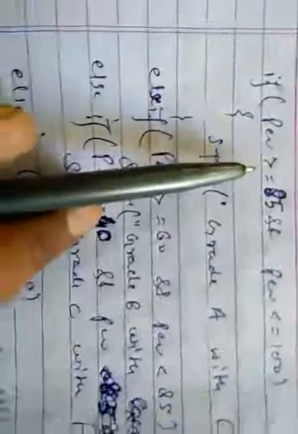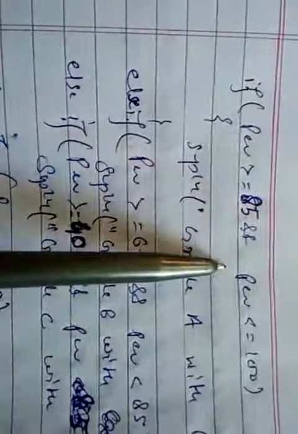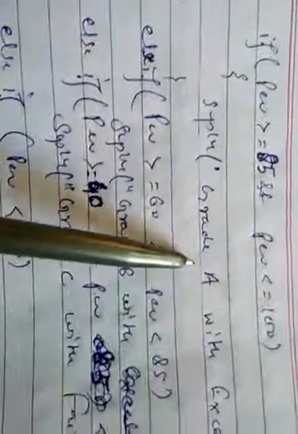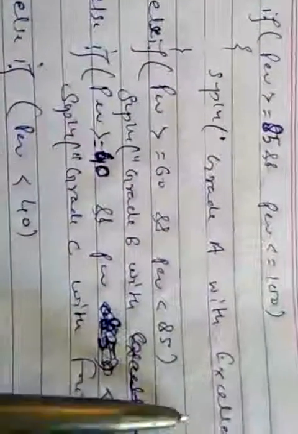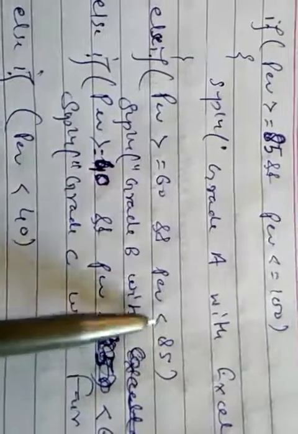If the percentage is greater than or equal to 85 and less than or equal to 100, grade A and the remark will be excellent. Second condition, if the percentage is greater than or equal to 60 and less than 85, we write less than here because the equal is covered above, so the grade will be B and the message will be good.